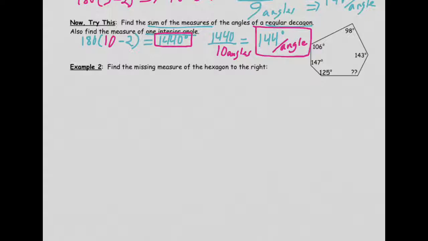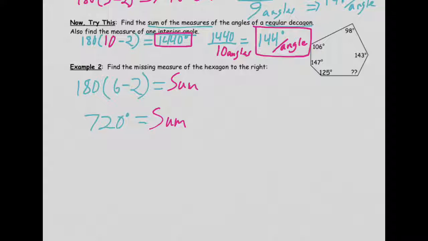Well, we know that it is a hexagon, and so we know that the equation to find the sum of the angles is going to be 180 times, it's a hexagon, so 6 minus 2, equals the sum of all the angles. So you work that out, and that turns into 720 degrees equals the sum.